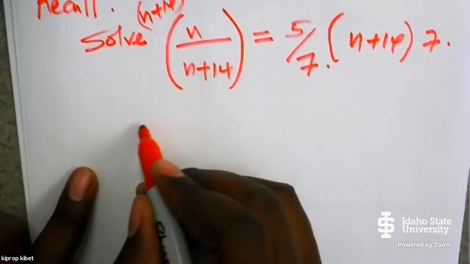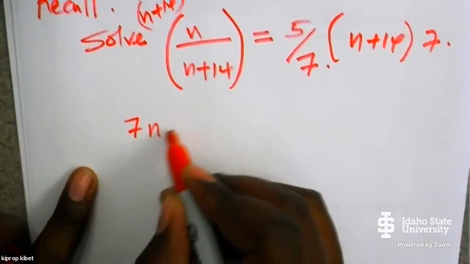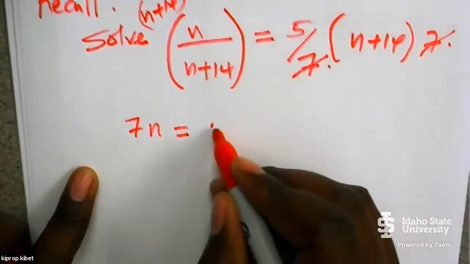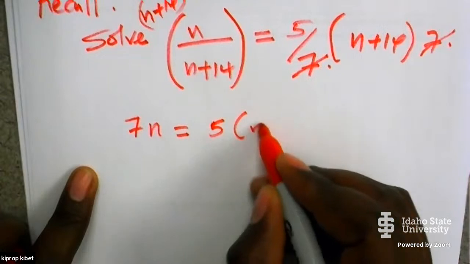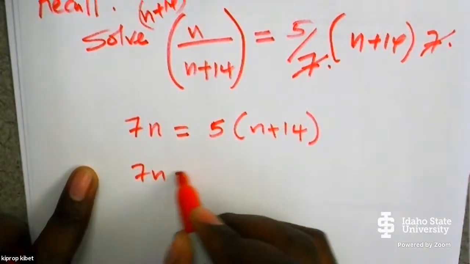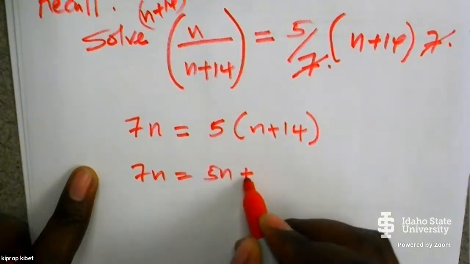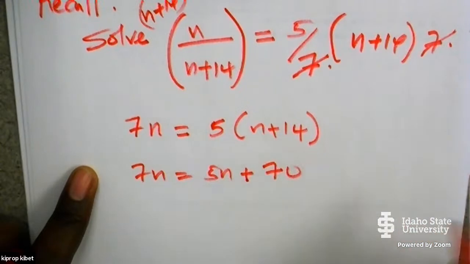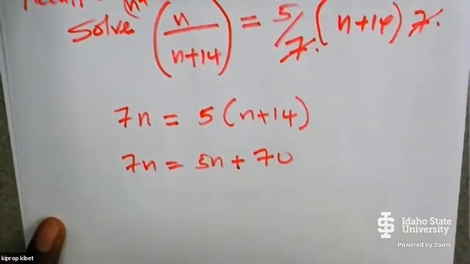So we get 7n equals 5 times (n plus 14), that is 7n equals 5n plus 70.